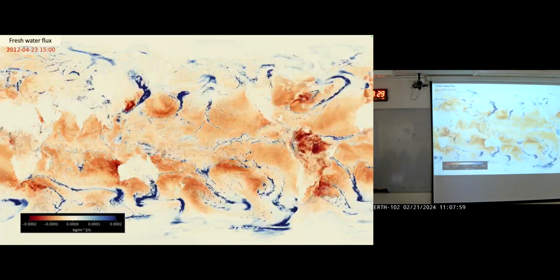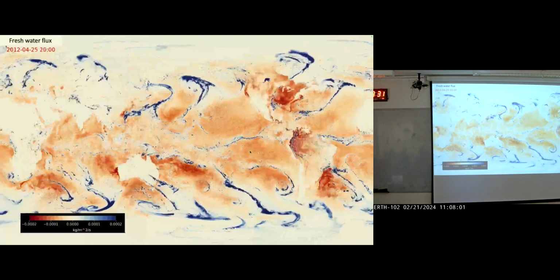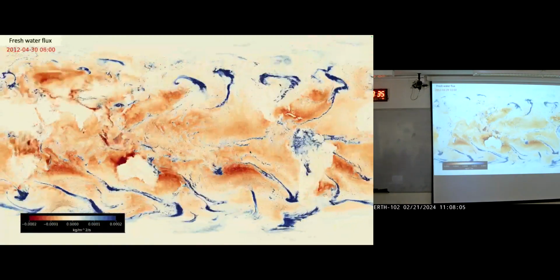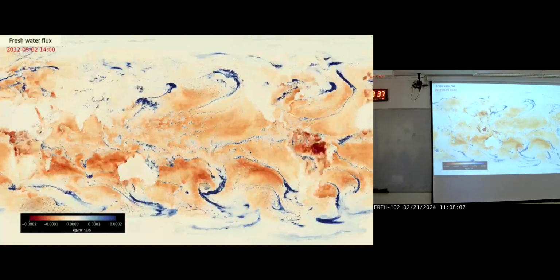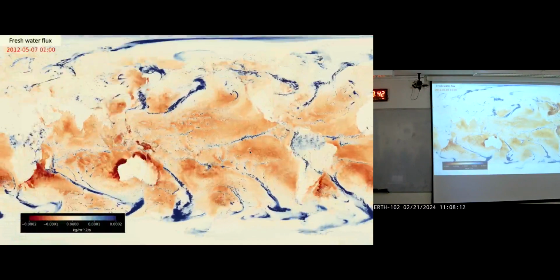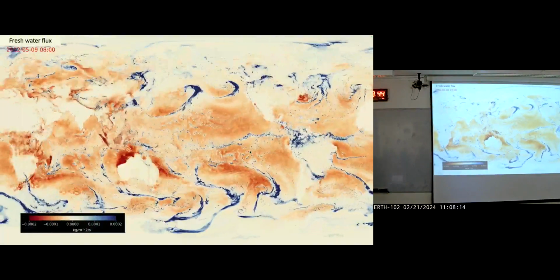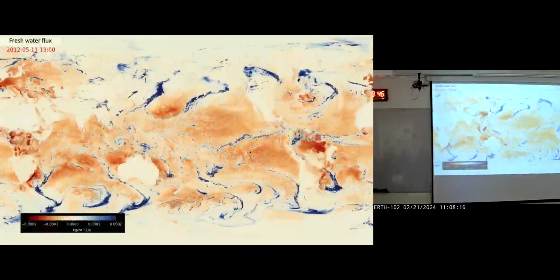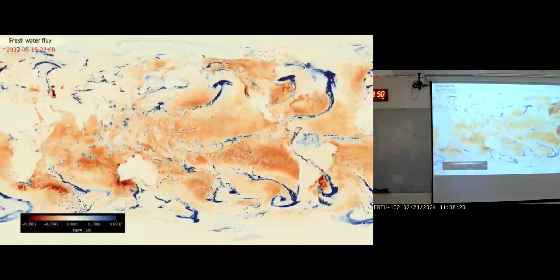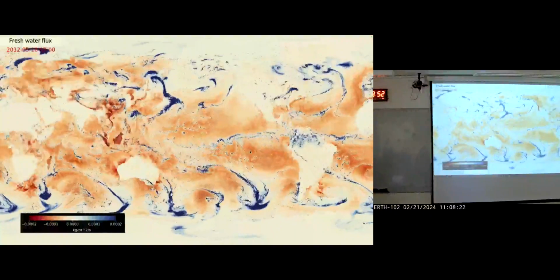So just to illustrate the difference between the atmosphere and the ocean in terms of the spatial and temporal scales, this is a high-resolution simulation that I did a few years ago. What we are looking at here is the fresh water flux. So blue is precipitation, and red is evaporation.